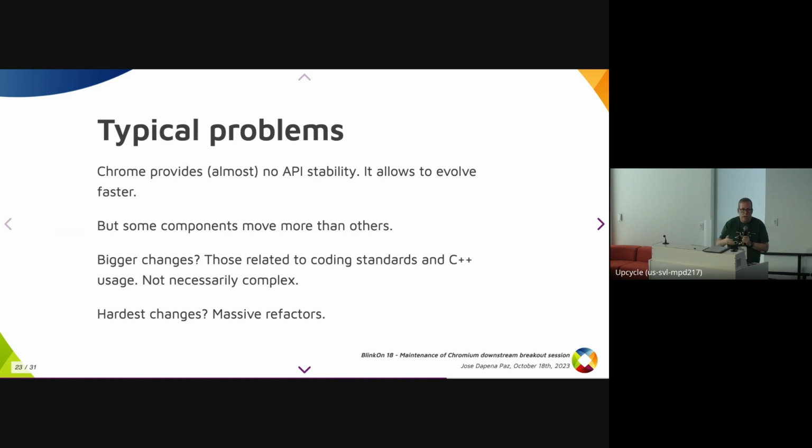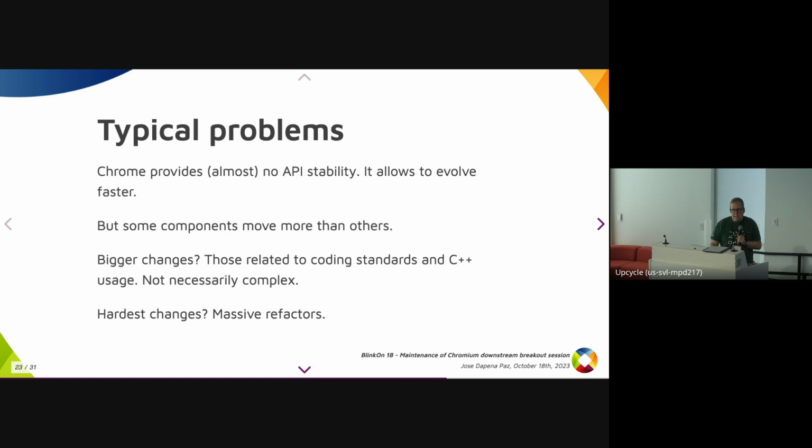For example, many downstreams build on top of the Content API. That API doesn't have stability either, but it's not a big deal because it doesn't change so much, apart from big refactors. Usually you have a layer that you can rebase easily and without so much effort.